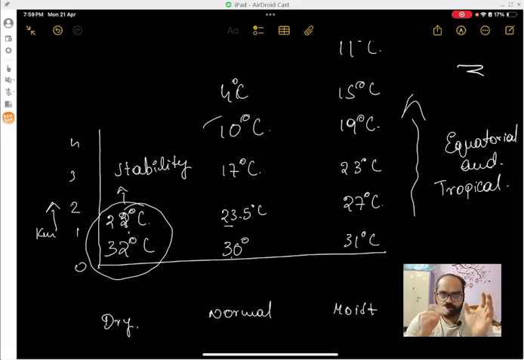Coming to dry regions, that means regions away from the ocean. In regions away from the ocean, stability is very pronounced. The more the stability, the less the rise of the air; the less the rise of the air, the less the cloud formation and the less the rainfall. That's why, if you observe, the western parts of the continents contain mostly desert regions.